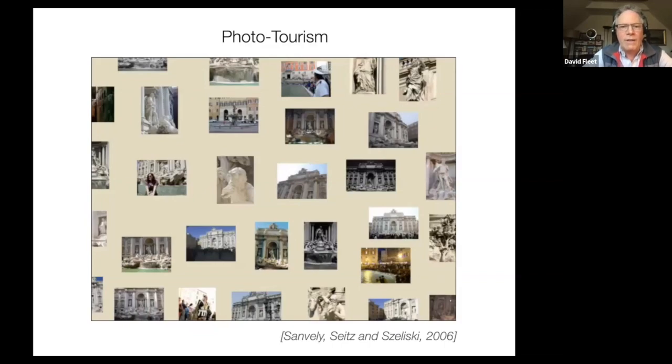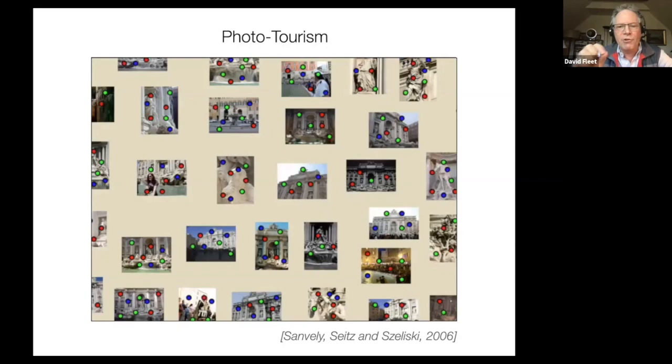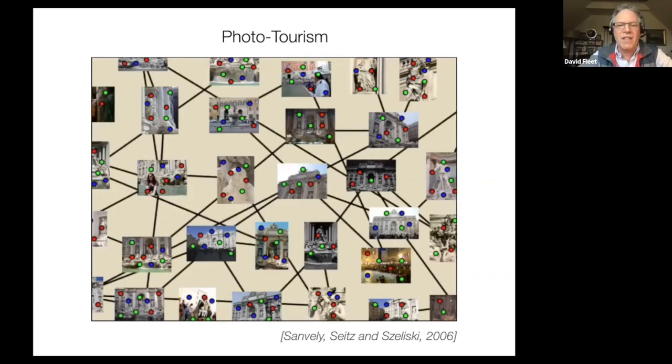They identified interesting, distinct fiducial points in these different views, and they figured out which images seem to share common points. And then between those images, they used the epipolar geometry to figure out where the cameras were in the world and where the depth of all these points were in the world.